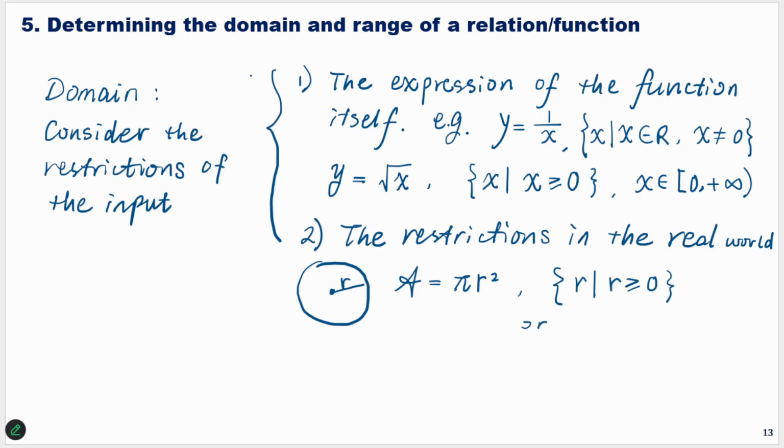Or you could just state that r belongs to 0 to positive infinity. Or sometimes it's not actually positive infinity, right? Sometimes you should give it a maximum number. Also a restriction from the real world. As for the range, you need to consider all possible values of the output.